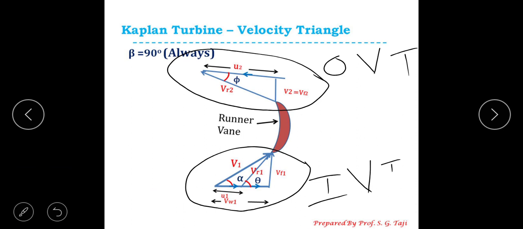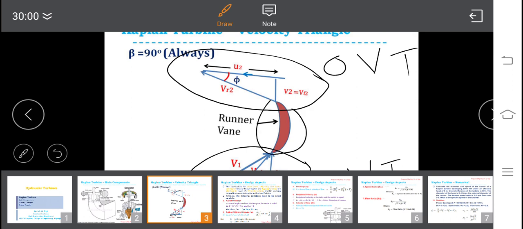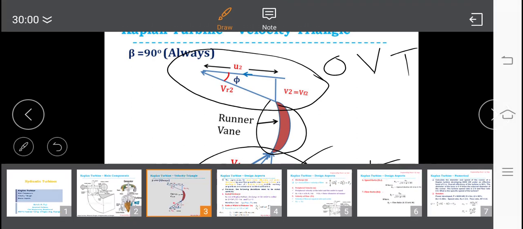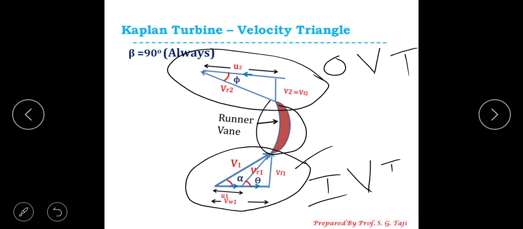In inlet velocity triangle, this is runner vane, the center one, this is runner vane. In velocity triangle, V1 is the absolute velocity, Vf1 is the velocity of flow, VW1 is the whirl velocity, theta and phi are the vane angles at inlet and at outlet respectively.